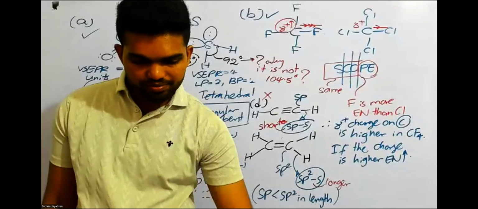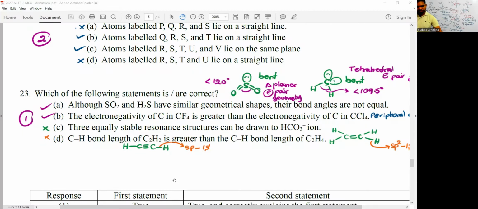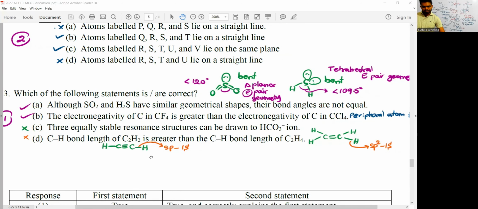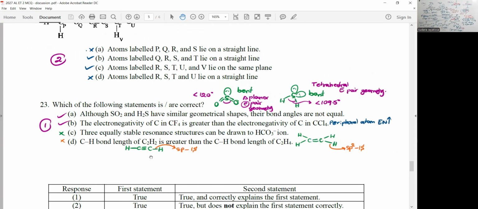Check that again. So our answer is going to be AB only. AB only. If AB are correct, your answer is answer 1. Now the answer is answer 1.